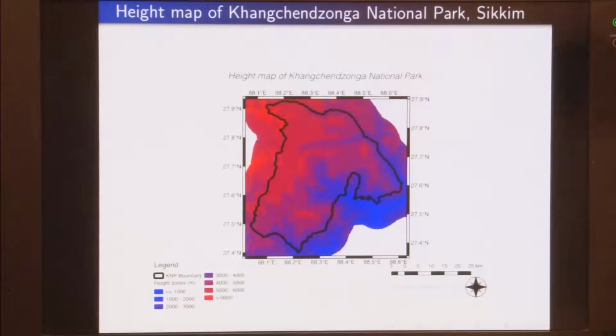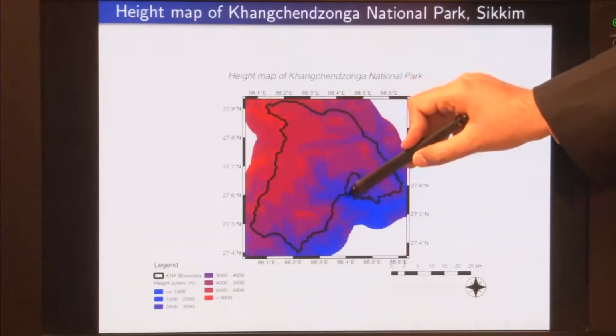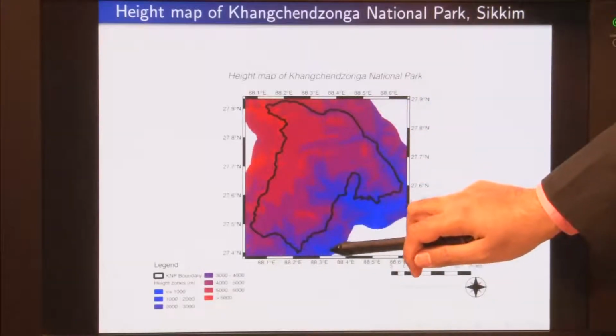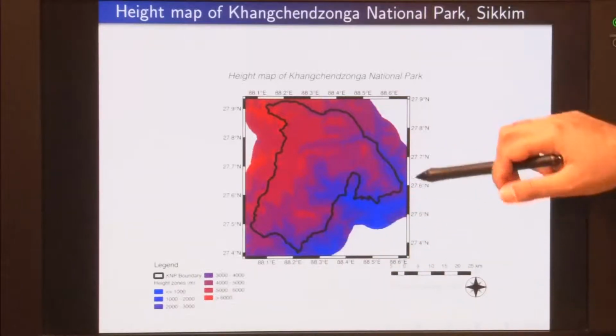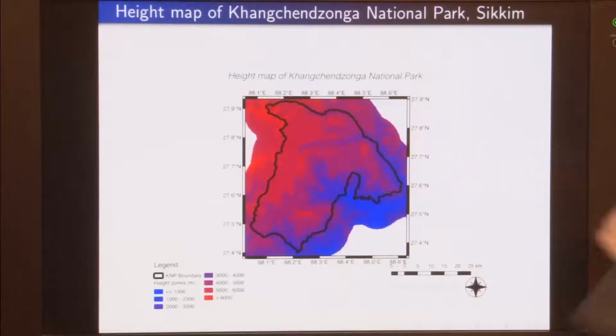Above a height of 4,000 meters, there are very few people who would live there. There are very small patches like this patch that has been left out, which has a lesser height, but most of the areas outside of the national park are flatter areas at lower elevations, and these are the areas where human beings live.